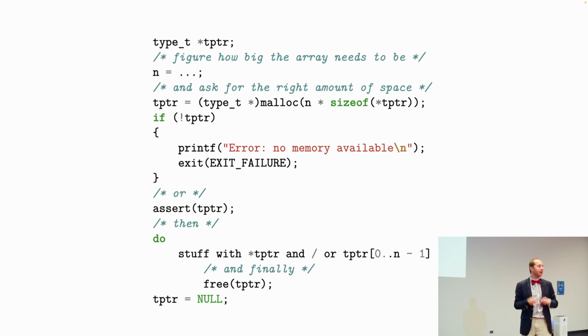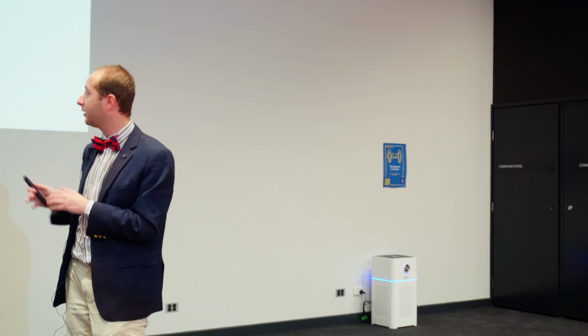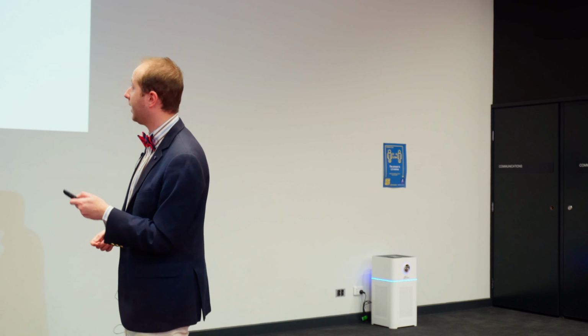We have an assertion there just to make doubly sure. And then we do some stuff with the pointer. When we're done, we free the pointer, and then we set the pointer back to null to make sure that we're all aware that there's no valid memory that we have allocated to us anymore.